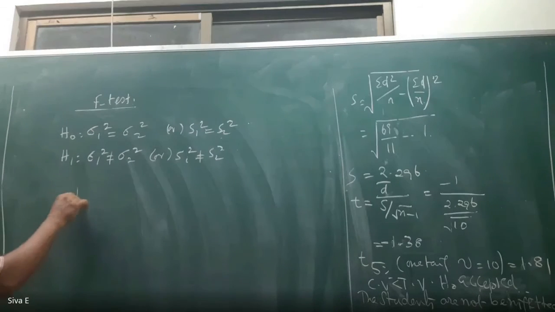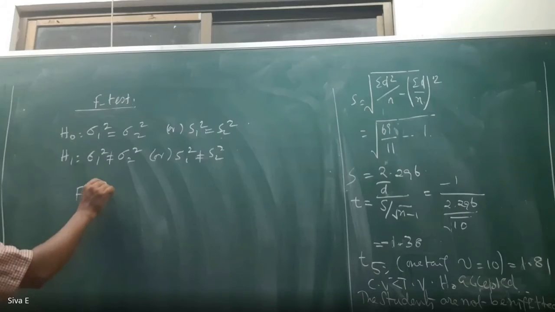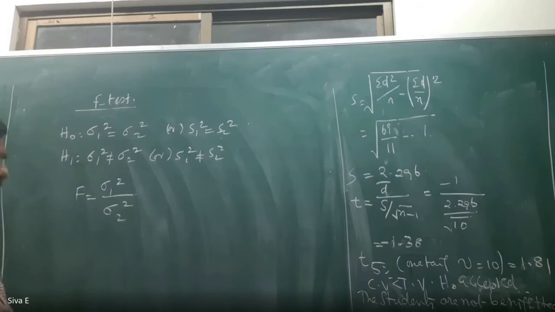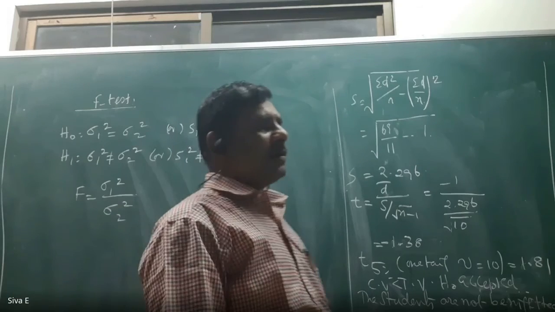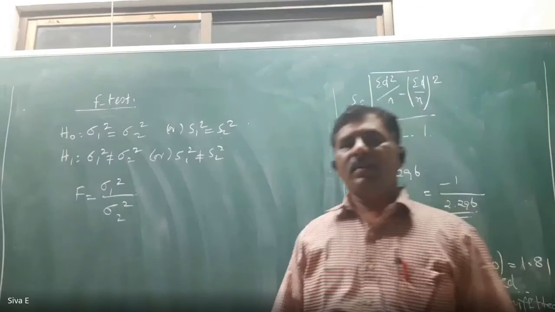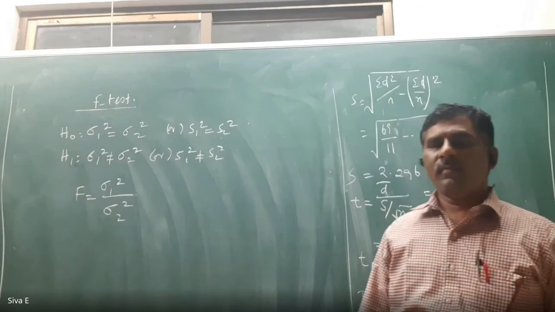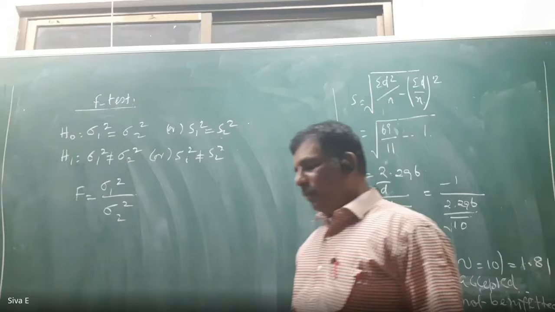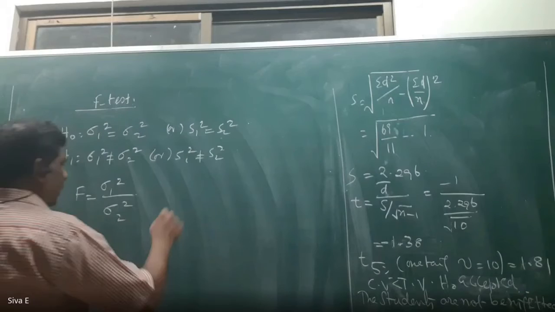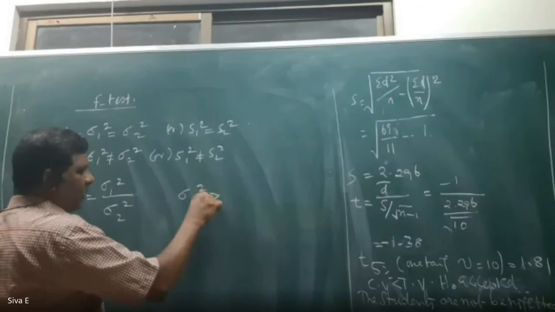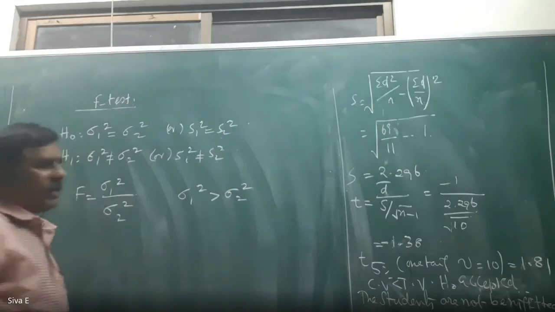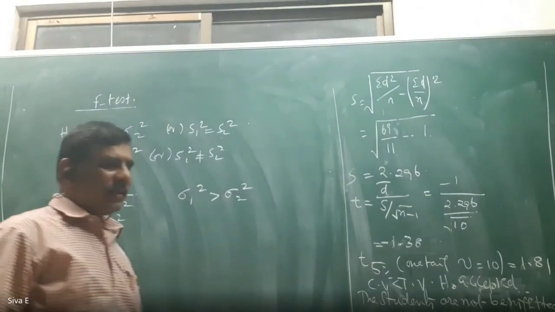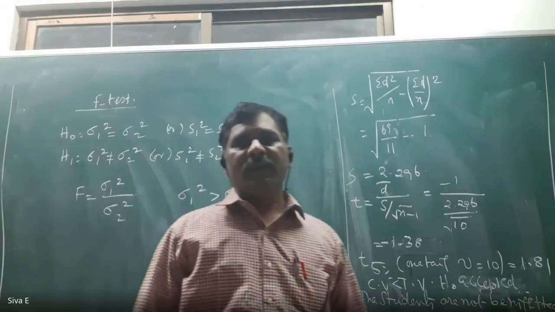Test statistic F equal to sigma 1 square by sigma 2 square. Here one important thing is that sigma 1 square is always greater than sigma 2 square.